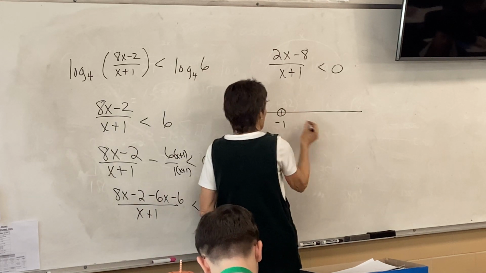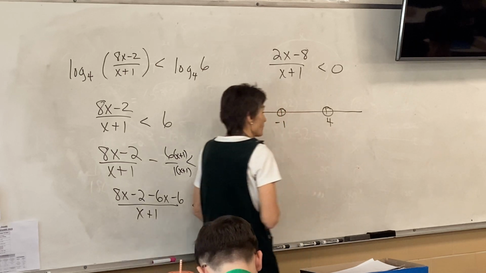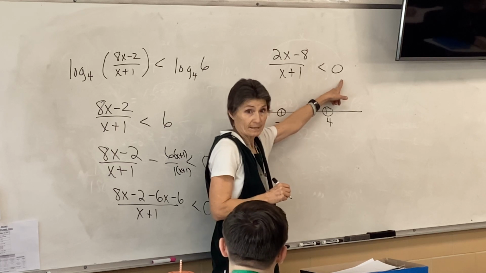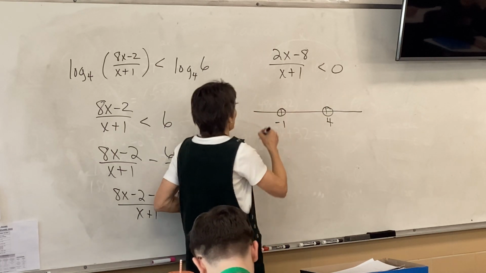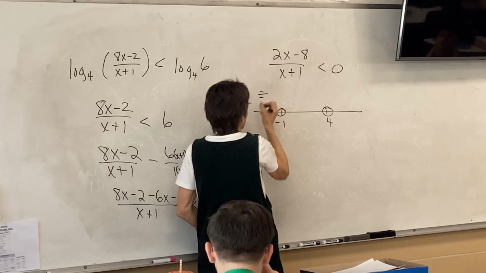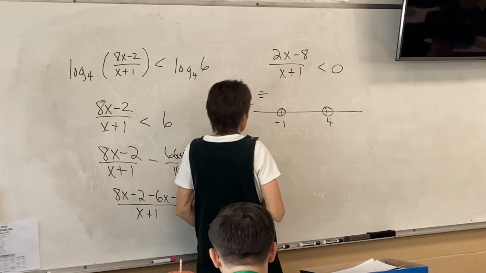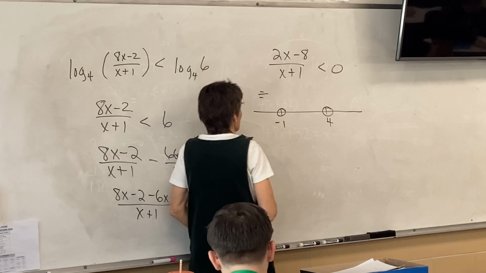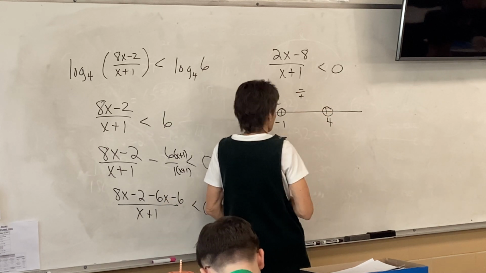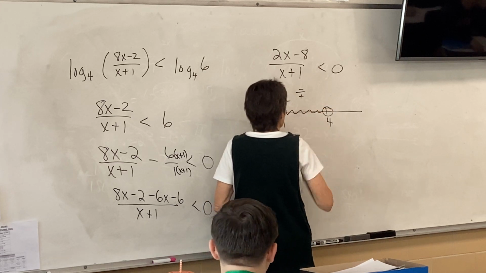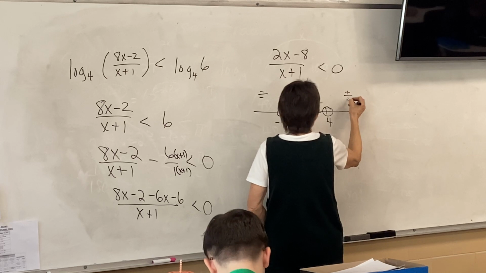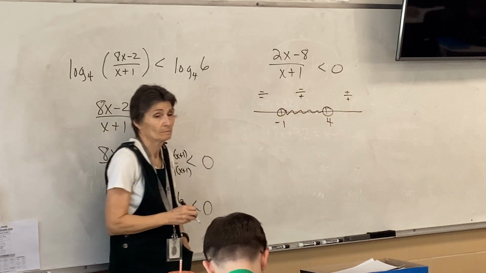So here's -1, here's 4. So now I'll do a sign chart. I need to be negative. So if I put in -2, I'm going to have a negative over a negative, which is not what I want. If I put in 0, I'll have a negative over a positive. That is what I want. And if I put in a 5, I'll have positive over positive. That isn't what I want.